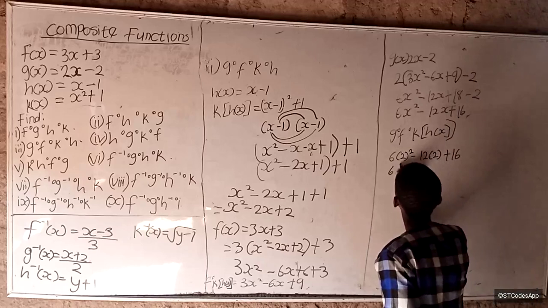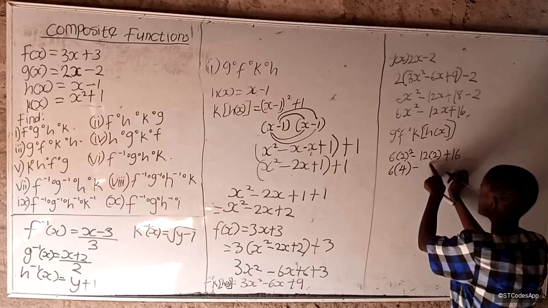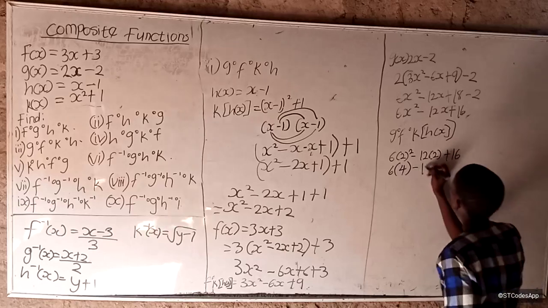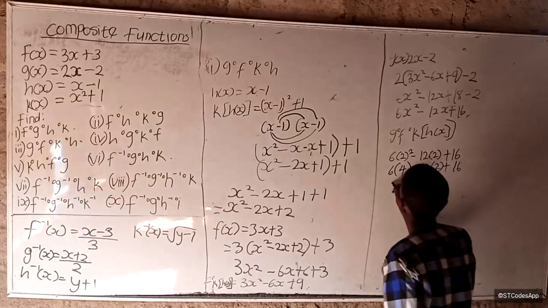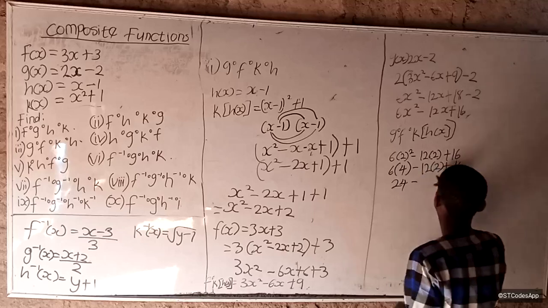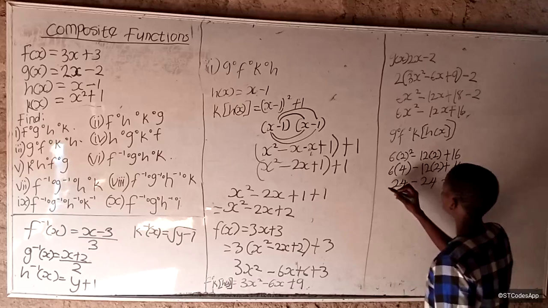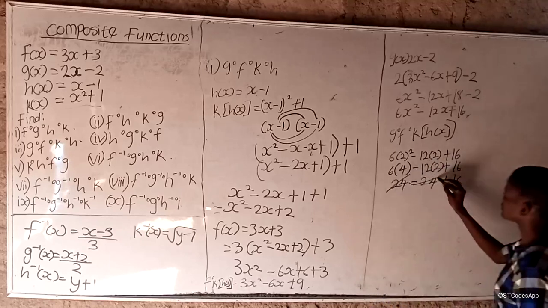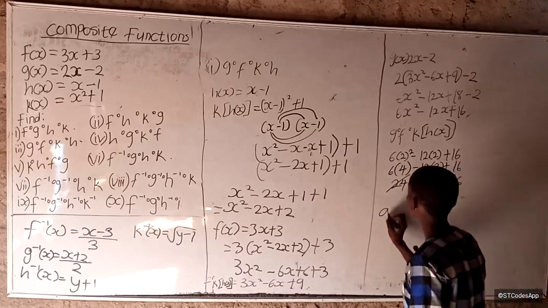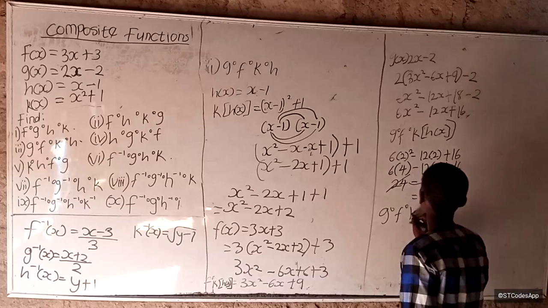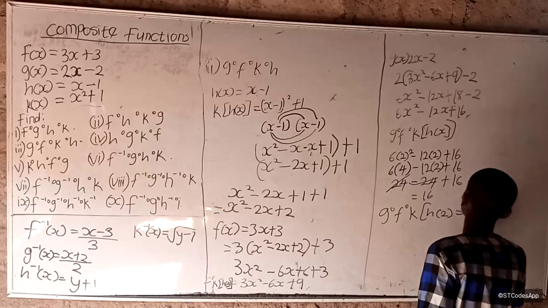So 6 into bracket 4 minus 12 into bracket 2 plus 16. 6 times 4 gives us 24, minus 12 times 2 also gives us 24, plus 16. Plus 24 takes care of minus 24, and we are left with 16. So our g of f of k of h of 2 equals 16.